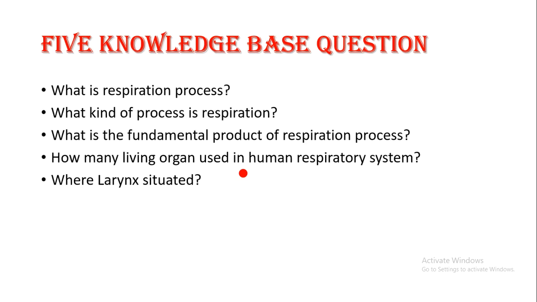Here they are. What is respiration process? What kind of process is respiration? What is the fundamental product of the respiration process? How many living organs are used in the human respiratory system? Where is the larynx situated?